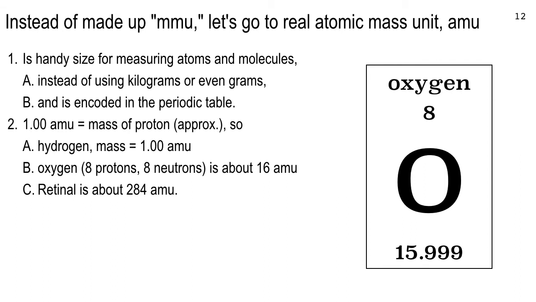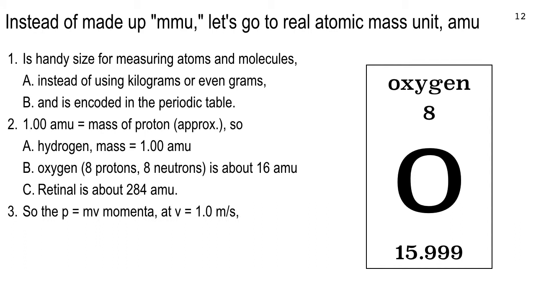The electrons don't really contribute a whole lot. I mean, they contribute electrically in the chemical reactions and stuff. They're everything there. You know, the protons don't really do much in chemical reactions. They do nuclear reactions, but not chemical reactions. So most of the mass is in the nucleus.